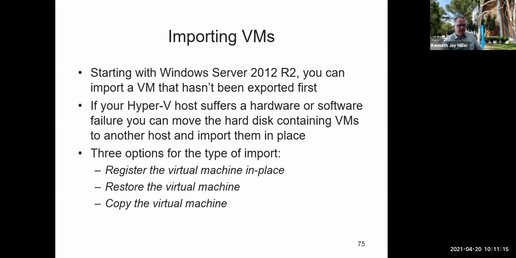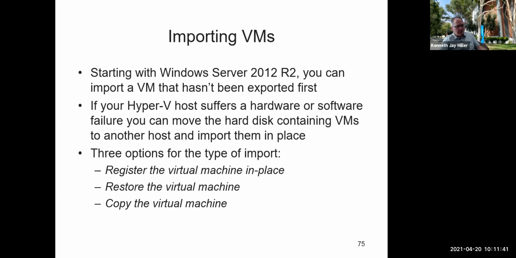Now, starting with 2012 R2, you can import a VM that hasn't been exported. So if you can see the hard drive and the location of the machine and copy it, say, to a USB drive, and then connect that USB drive to your new server, you can do an import even though it's never been exported.